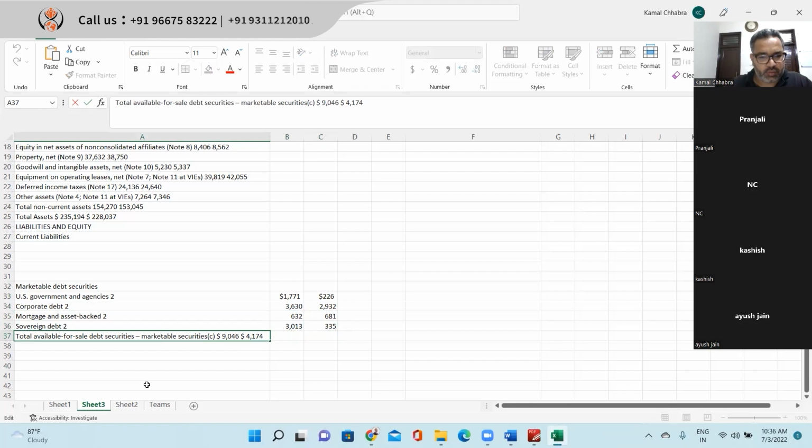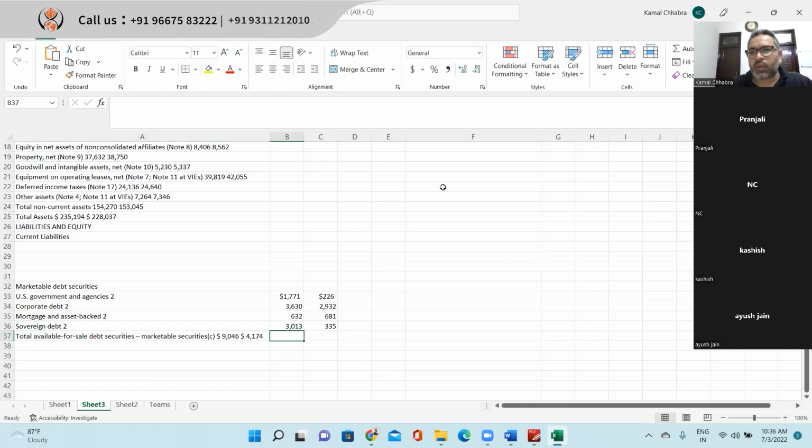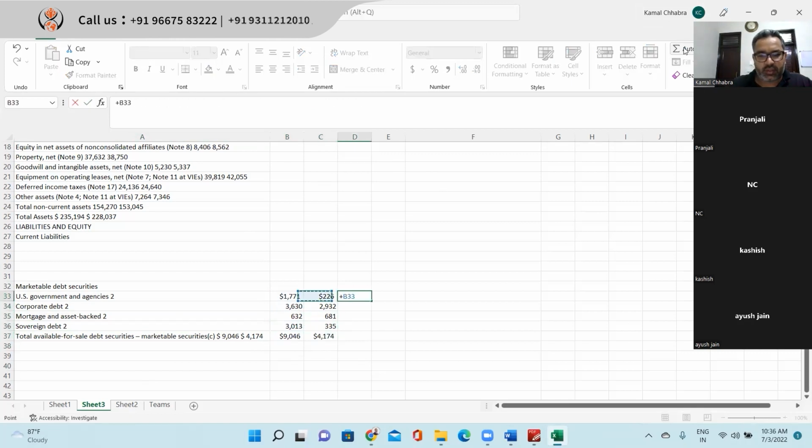And if you see the total, you can do the math over here. Simple. The total is this, right? And then the variance of this minus this.